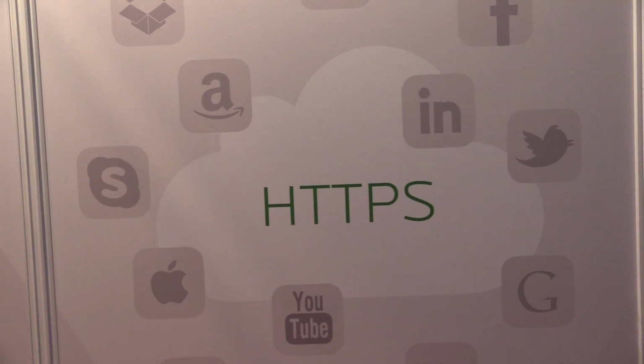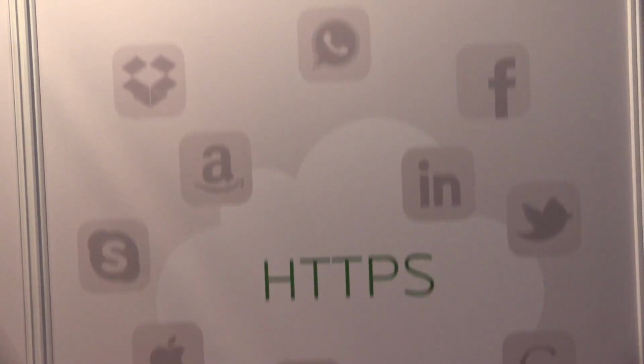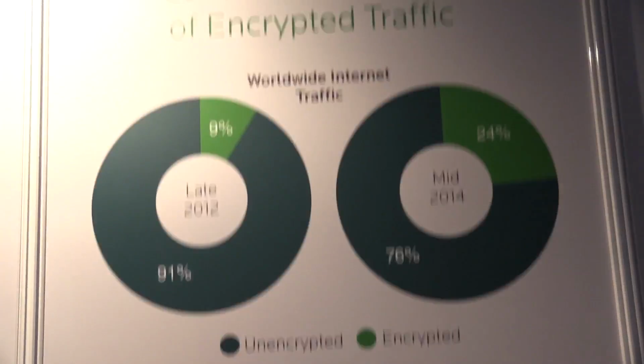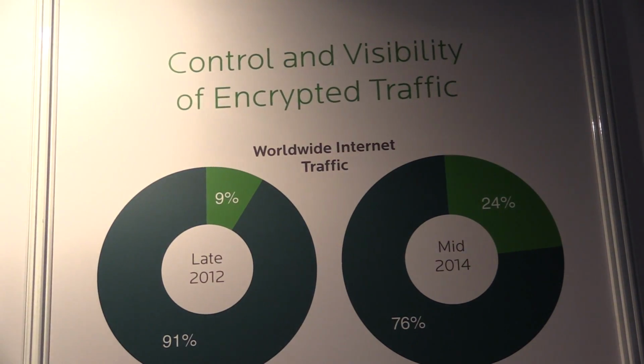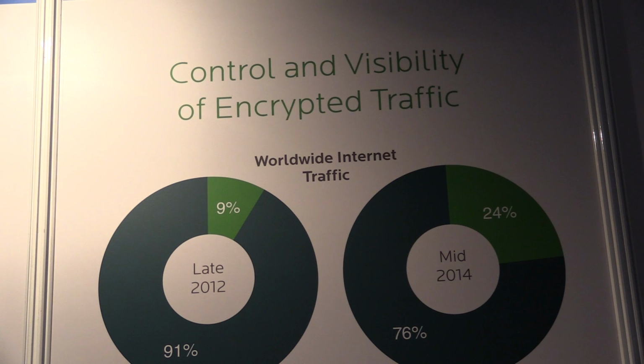One of the huge trends happening across the industry right now is the massive surge in encrypted traffic. So 3 years ago, around 7% of traffic was encrypted. As of last summer, it was around 24%. And now it varies from market to market, but we're seeing 50 to 60% of all the traffic is encrypted.